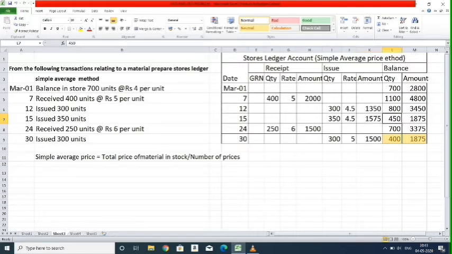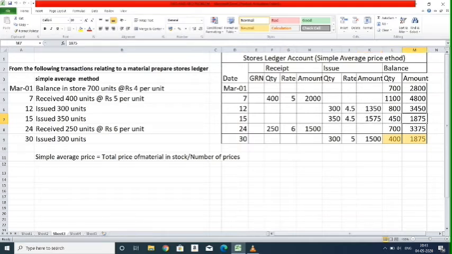Then in our balance, we have 800 units, and from that 800 we issued 350 units. 800 minus 350 is equal to 450 units. Our stock value reduced to 3450 minus 1575, that is equal to 1875.